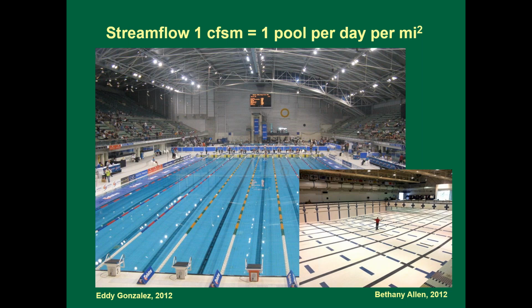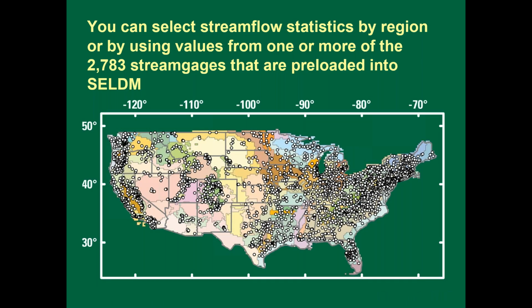I use this graphic because sometimes it's hard to think in these units, like, what am I getting here? For each CFSM, it's one pool per day per square mile. Looks like a lot of water.